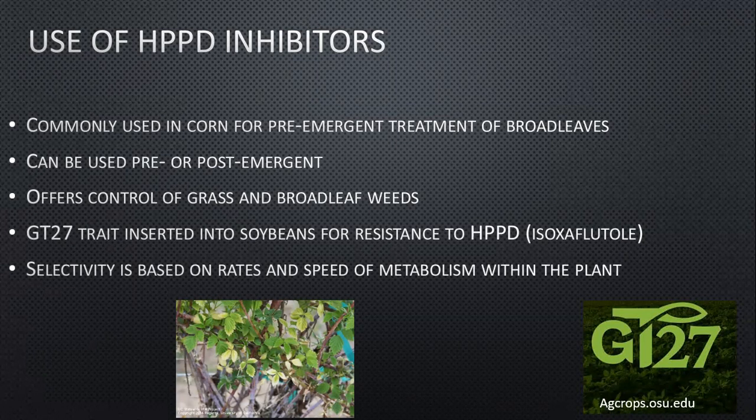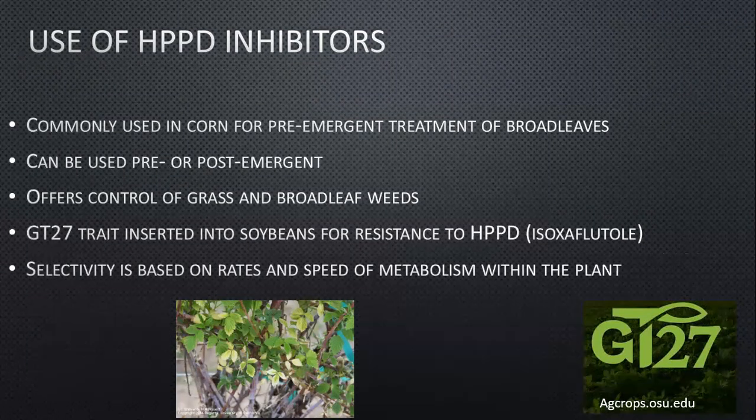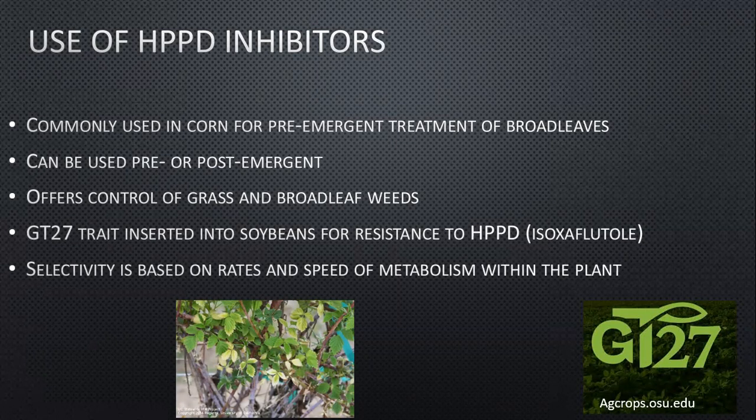And it also can be grass and broadleaf control depending on those rates. The GT27 trait has been inserted into soybeans for HPPD resistance to isoxaflutole. This is only for pre-emergent, and the herbicide that's labeled for it is not on the market yet.